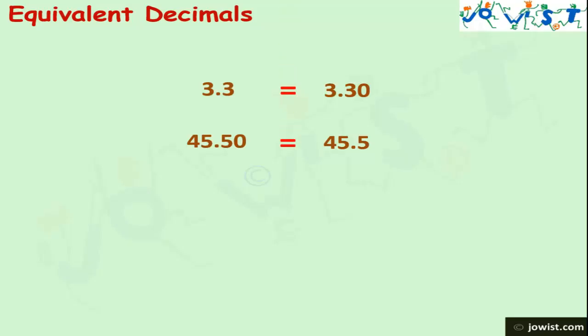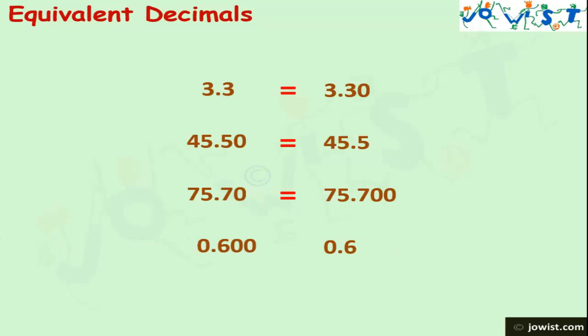Hence, these two numbers are equivalent decimals. Similarly, for the number 75.70 and the number 75.700. These two numbers are also equal and hence are equivalent decimals.